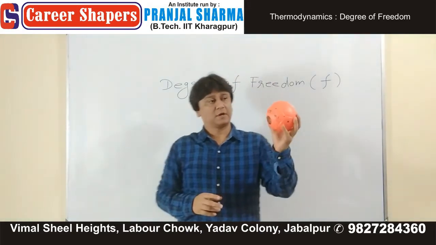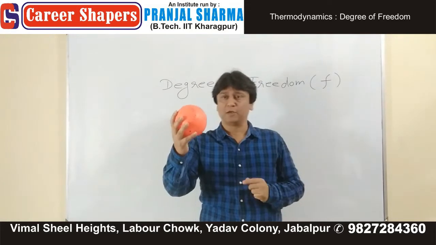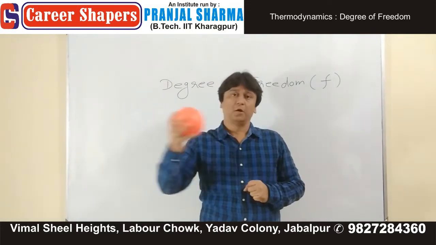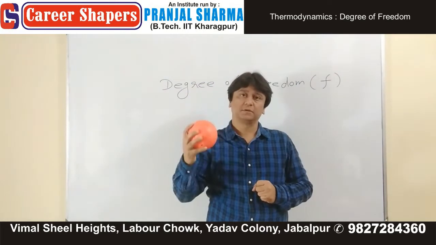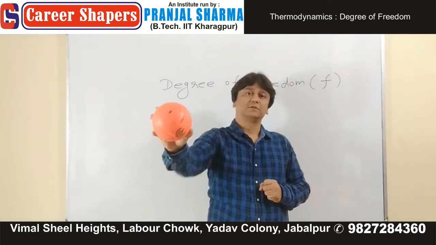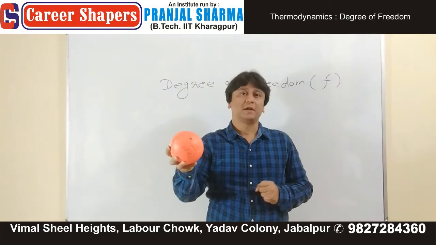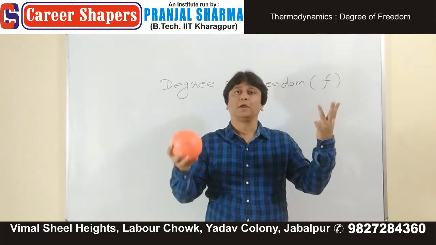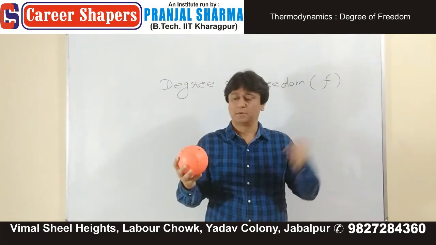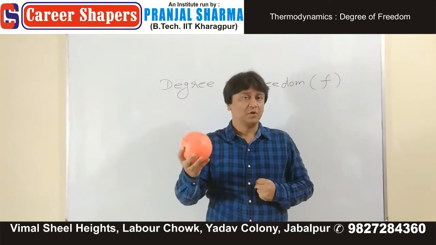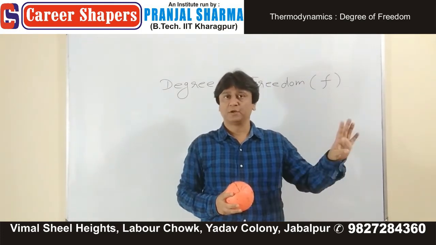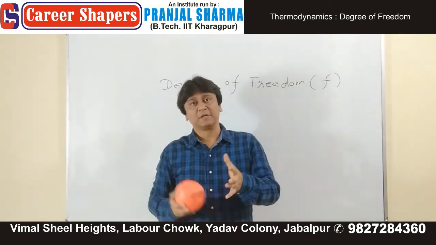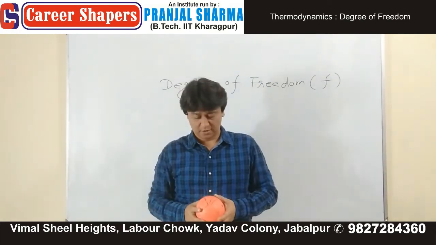So this is an atom, and this atom can move along the x-axis, along the y-axis, and along the z-axis. So we say that it has 3 degrees of freedom. That means there are 3 modes in which it can have kinetic energy.